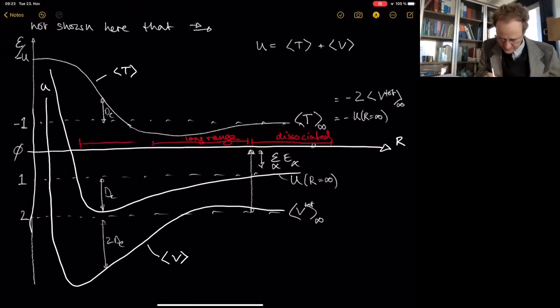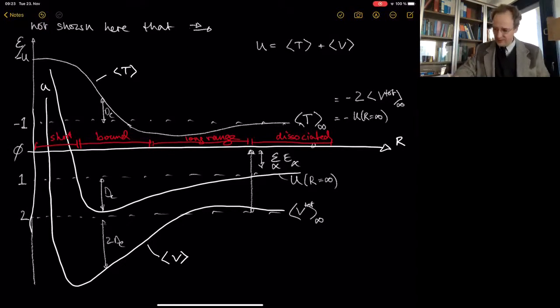This is the bound case. And this is the short range. So this is the graphical illustration of what we found yesterday.